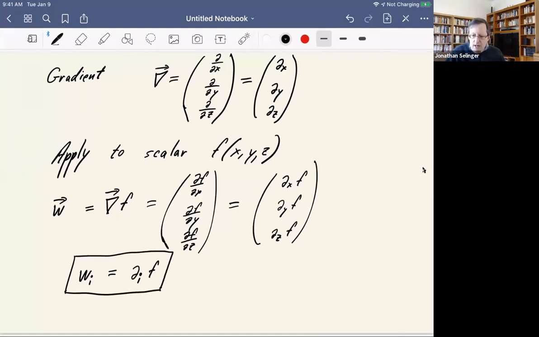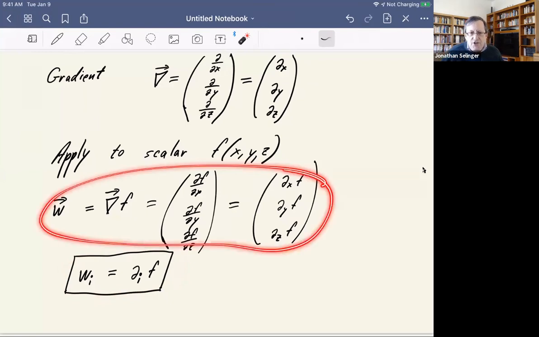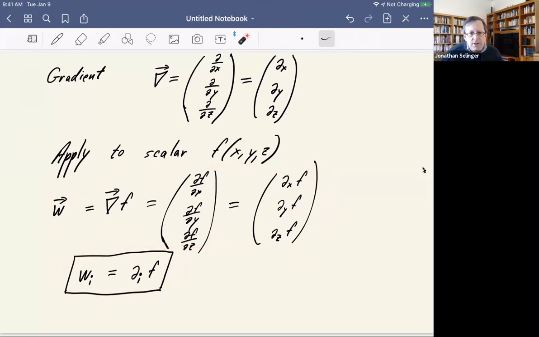So this equation means the same thing as this vector expression. This is saying for all i, the ith component of W is the derivative of f with respect to coordinate i. So this works really nicely for the gradient of a scalar field.